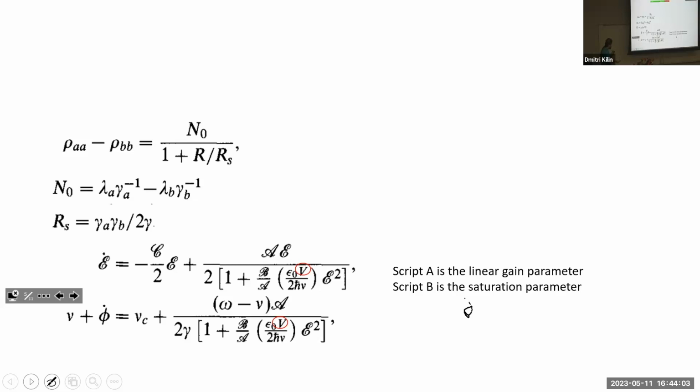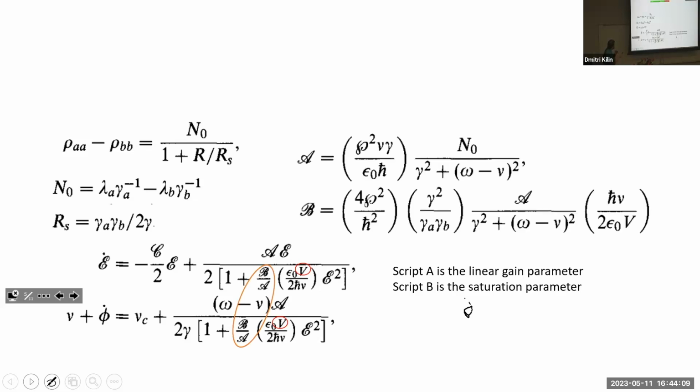And now you ask, Stephen, we have all of these script letters again that you haven't introduced. What are those? The script A and script B. Script A is the linear gain parameter, and script B is the saturation parameter.